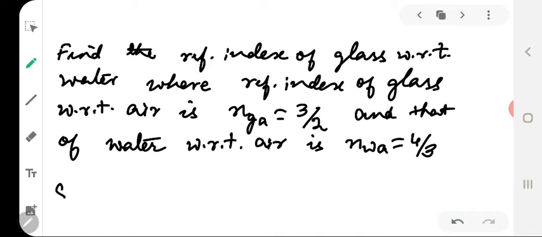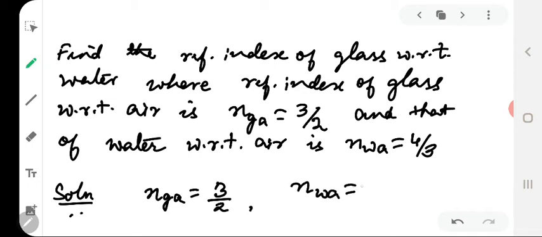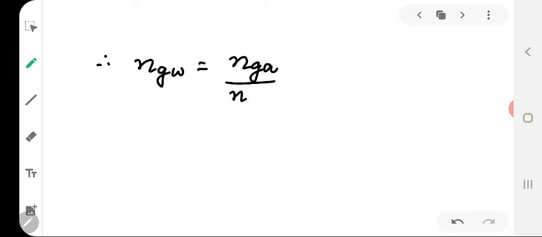So it is given refractive index of glass with respect to air is 3 by 2, and refractive index of water with respect to air is 4 by 3. So therefore, refractive index of glass with respect to water should be equal to refractive index of glass with respect to air divided by refractive index of water with respect to air.